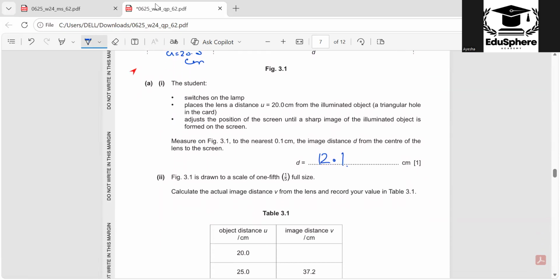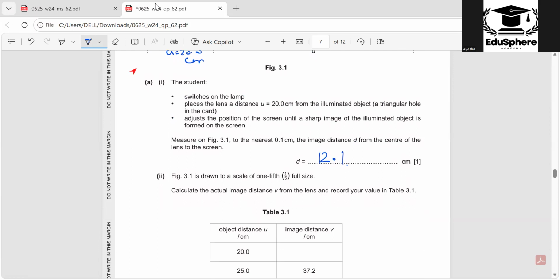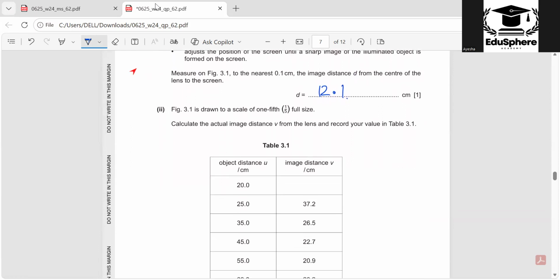Now the figure says that this is drawn to a scale of 1/5 of full size. So if it was 12.1, that is not the original value; of course the original value will be 5 times 12.1. So I'm going to multiply 12.1 with 5, and it's 60.5.